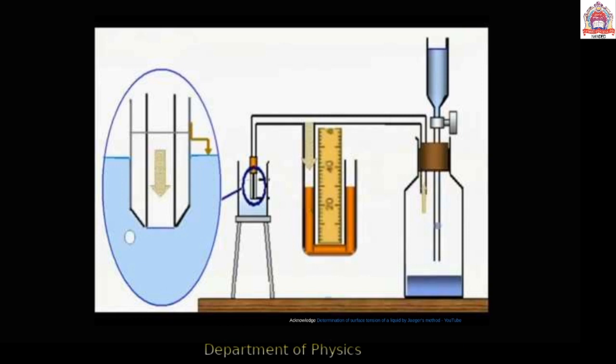At this stage, the bubble acquires a hemispherical shape of radius r equal to that of the orifice S, so that the maximum pressure inside the bubble is noted with the help of the manometer M.